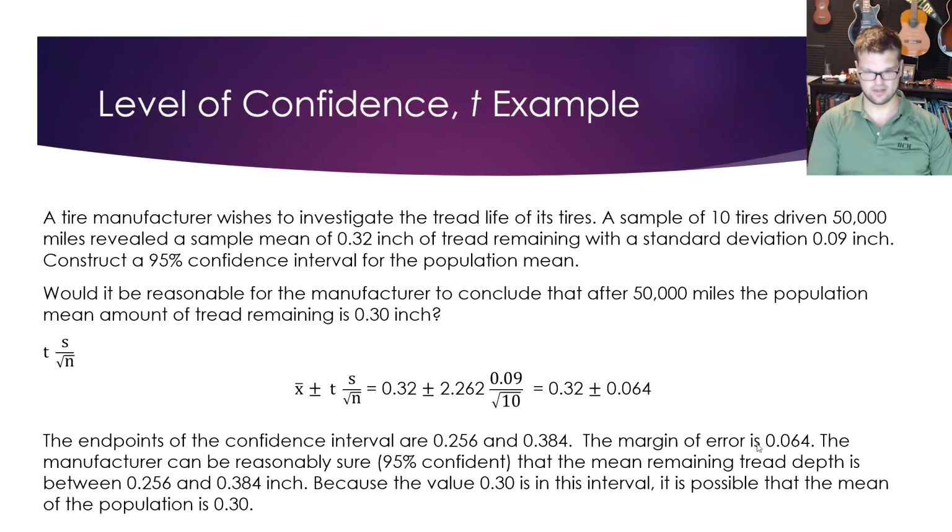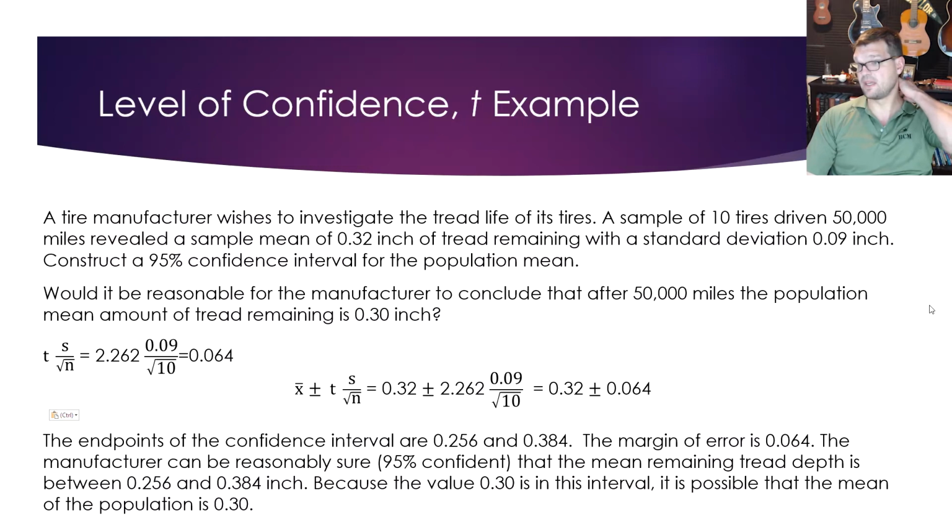So we've got t equals 2.262 multiplied by the standard deviation of 0.09 divided by the square root of 10. If you work that out, the margin of error is going to equal 0.064.